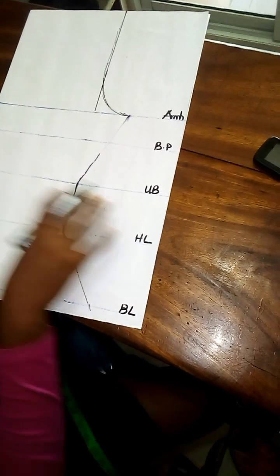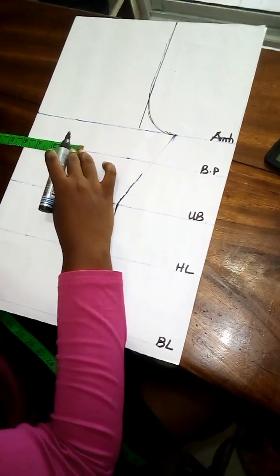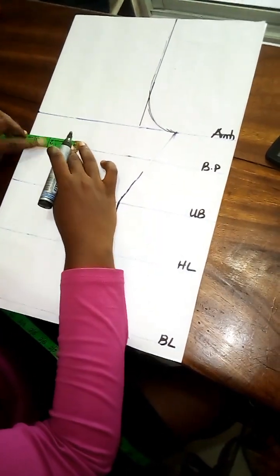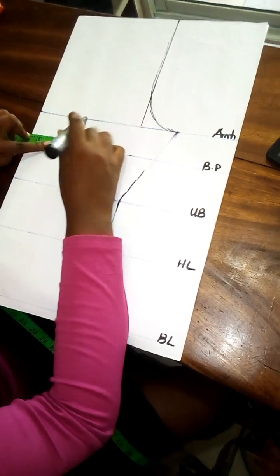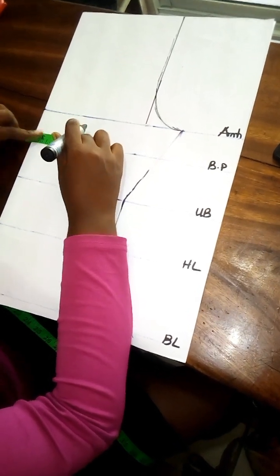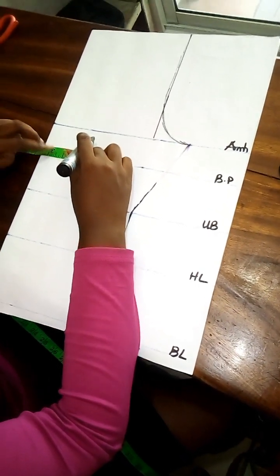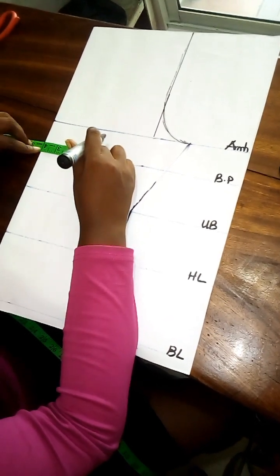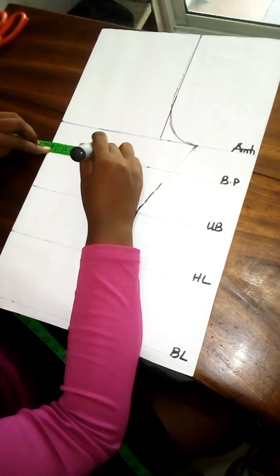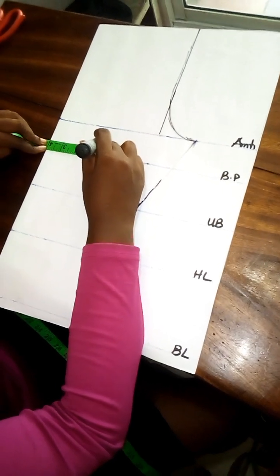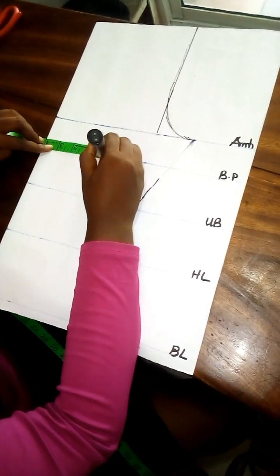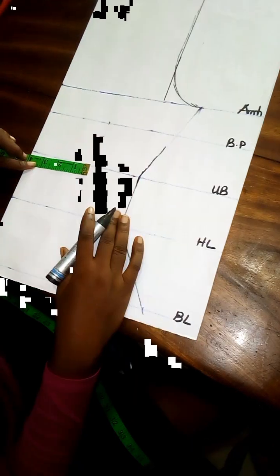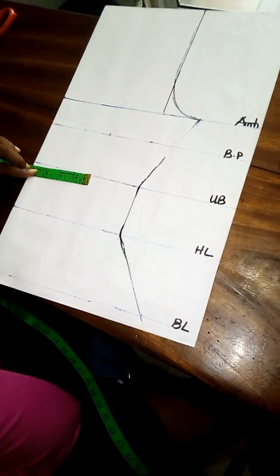Note, there is no seam allowance added to it. This is just a draft, so you don't add allowance to your drafts. So now I'm taking my bust span, that's nipple to nipple. Mine is 7.